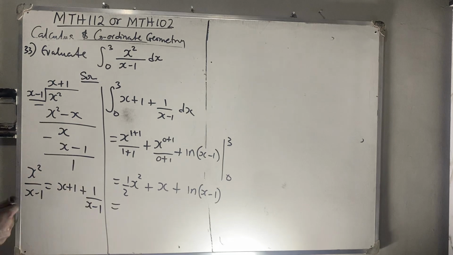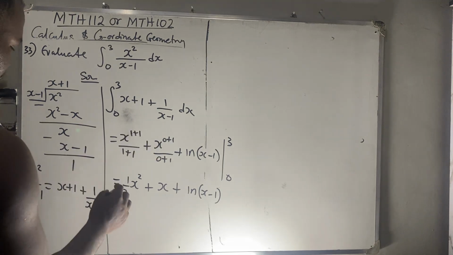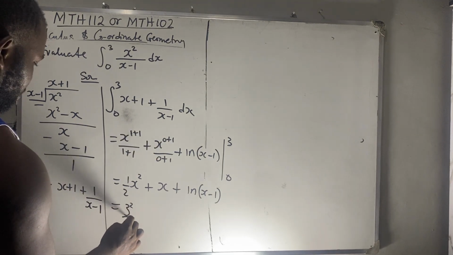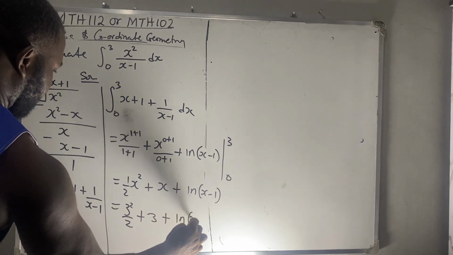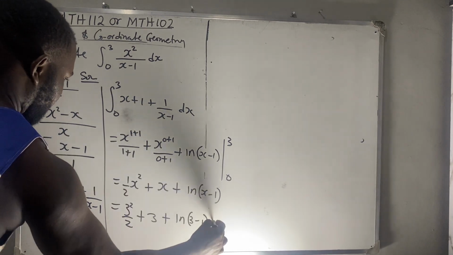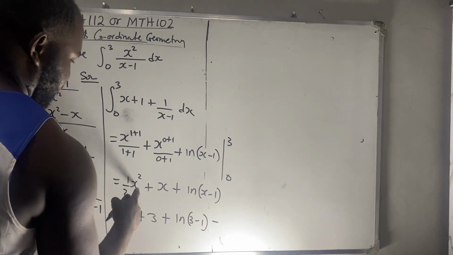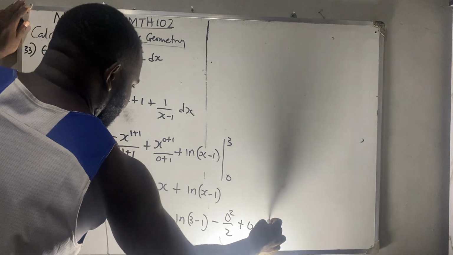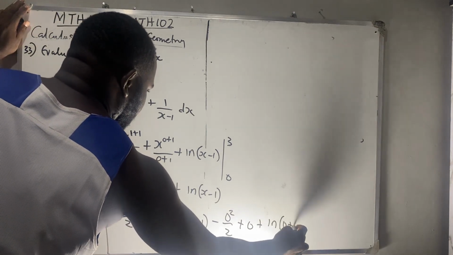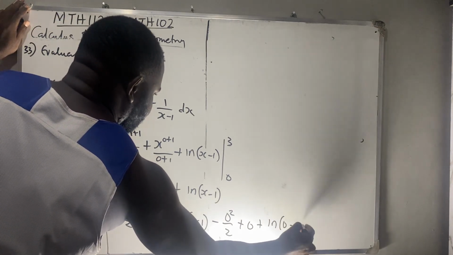When we put in the upper bound, which is 3, we get 3 squared over 2 plus 3 plus ln of 3 minus 1. Minus, when I put in 0, I have 0 squared over 2 plus 0 plus ln of 0 minus 1.